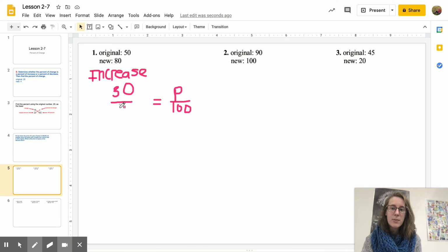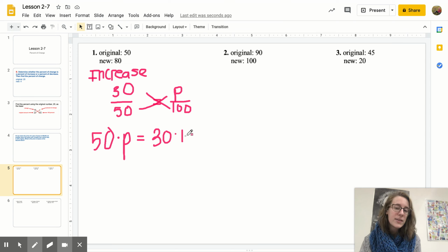And then we're going to talk about our original. Our original was 50, our change was 30. Then we're going to just do cross products just like you did before. So we have 50 times P, and that is going to be equal to 30 times 100.